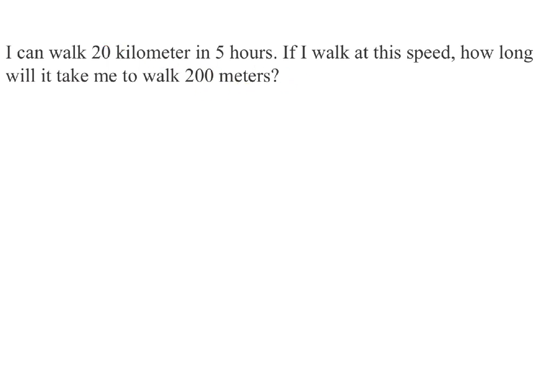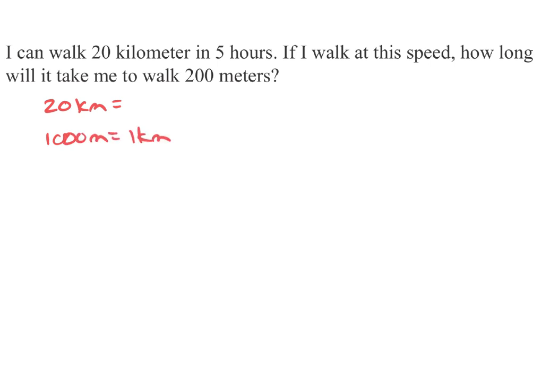And because it's a short distance, it's clearly not going to take me hours. So I'm going to turn this amount of time into minutes. So let's have a look at this. We have 20 kilometers. There are 1,000 meters in a kilometer.